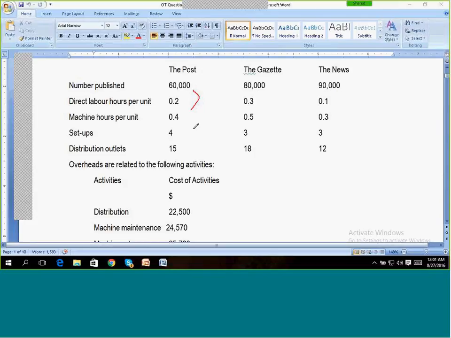So that is 24,000 machine hours. Each unit is going to take 0.4 machine hours, so 60,000 multiplied by 0.4 gives 24,000 machine hours.